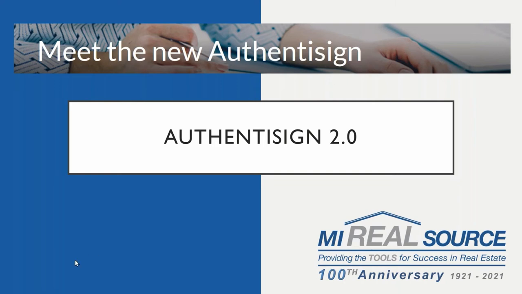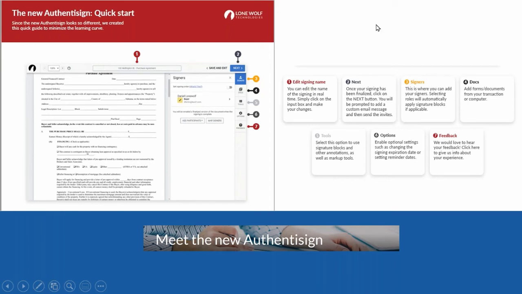So some of the new enhancements in Authentisign 2.0 is one, you can actually change names in real time. So what that means is, let's say, and I had this happen not too long ago, I actually spelled my client's name incorrectly. So I sent out the documents for signing, and then I'm like, oh geez, I spelled Joe Schmageggi's name wrong.